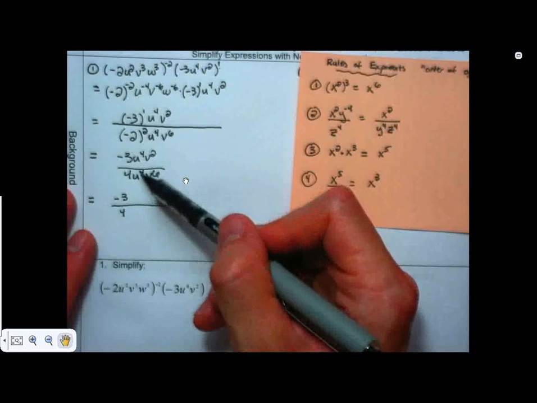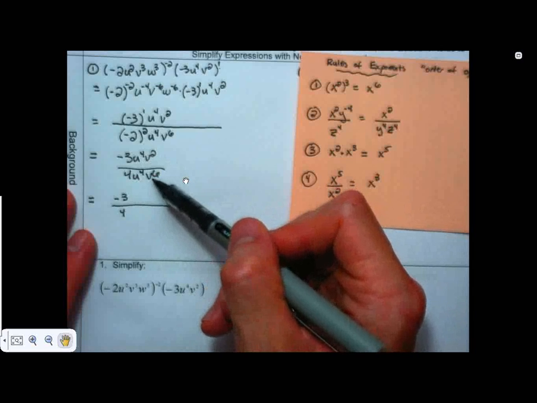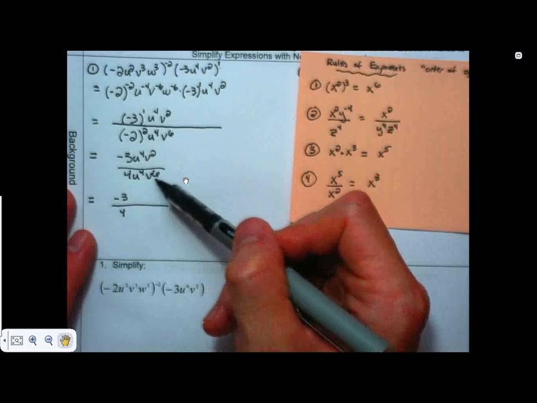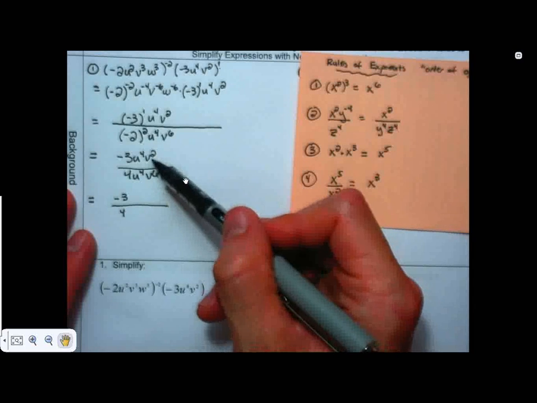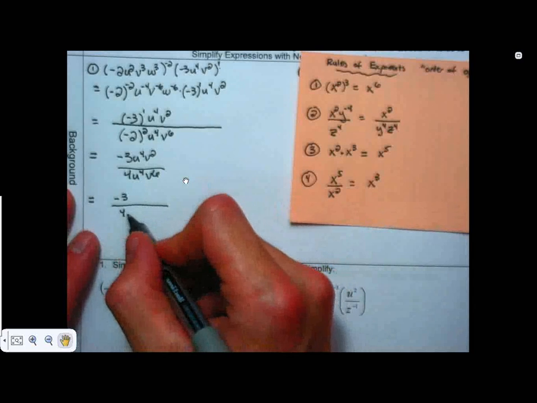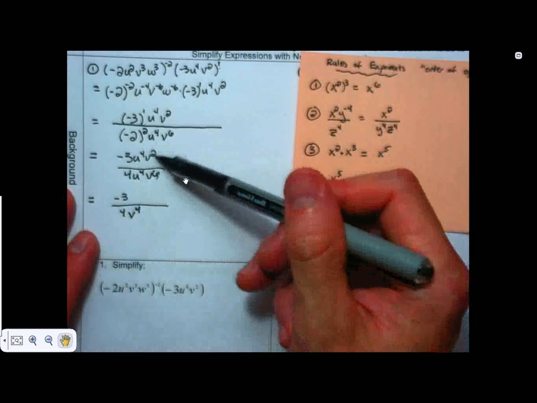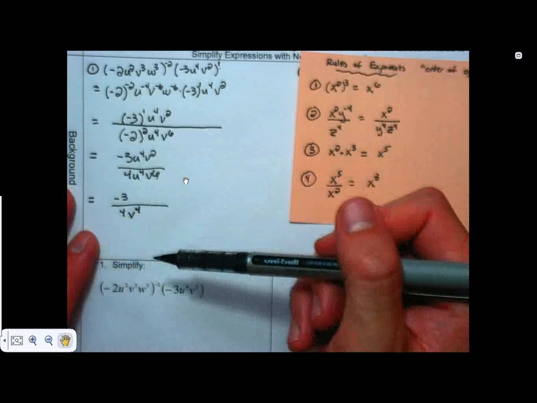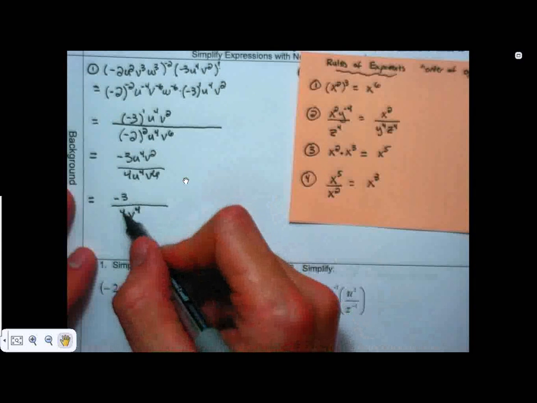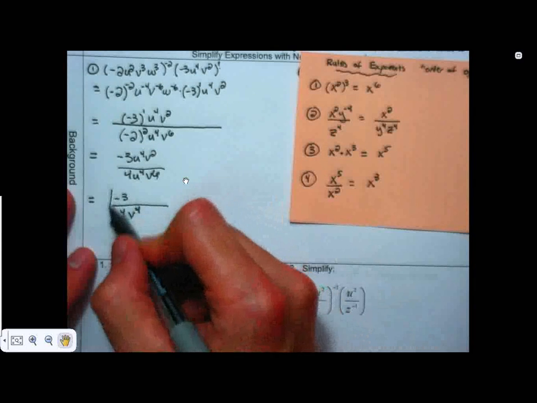If I do 4 minus 4, I get 0. So the u's are all going to cancel out. And for the v's, I've got more factors of v on the bottom than I have on top. So I'm going to end up with v to the 4th on the bottom. 6 minus 2 is 4. So my final answer is negative 3 over 4v to the fourth.